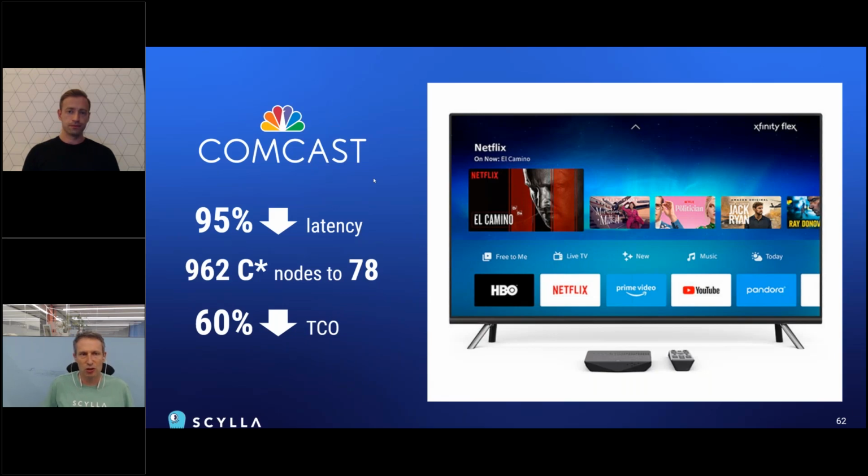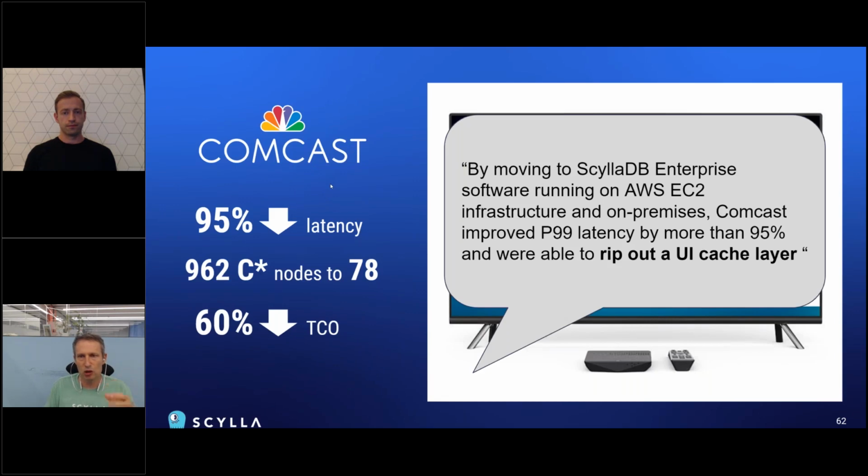One such customer is Comcast, which I'm sure many of you know. Comcast moved from quite a large Cassandra cluster deployment to a smaller Scylla deployment. They were able to do so because the throughput in Scylla is better. They have also been able to drop the cache layer that they had in front of the database because the latency is much better with Scylla.